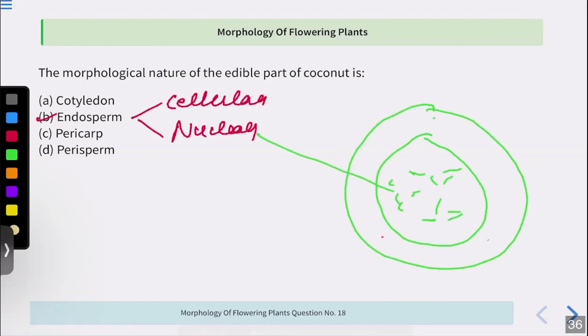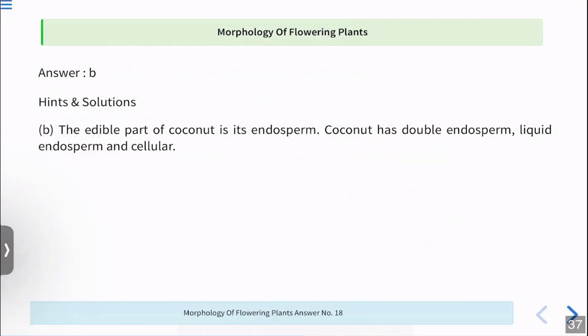This water is the nuclear endosperm, this flesh is the cellular endosperm. You can eat the cellular endosperm, you can drink the nuclear endosperm. Eventually, all of the nuclear endosperm turns into cellular endosperm. So we have the liquid nuclear endosperm and the cellular endosperm.